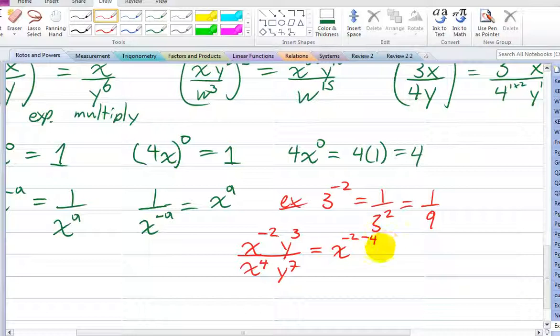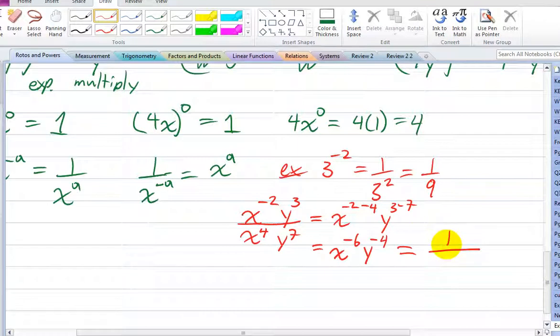For the y, it would be 3 minus 7. Right? We're just subtracting. So this equals x exponent negative 6, y exponent negative 4. Okay. Now you have to fix your negative exponents. So here's your fraction line, x6 on the bottom, y4 on the bottom.